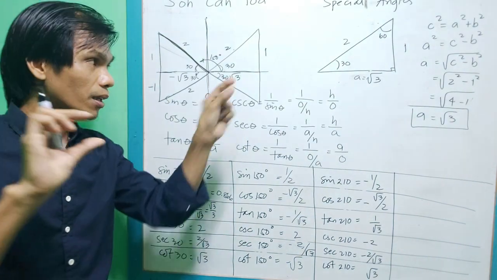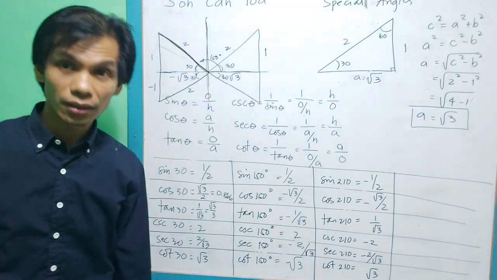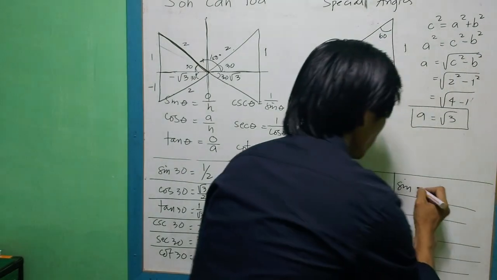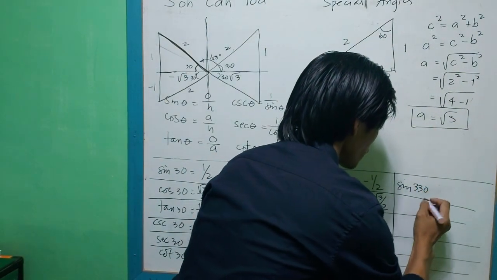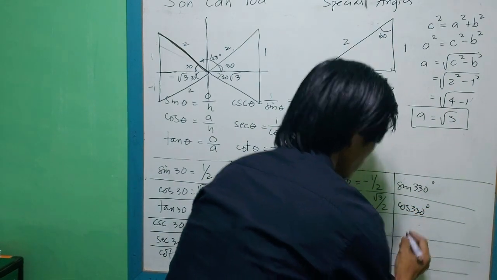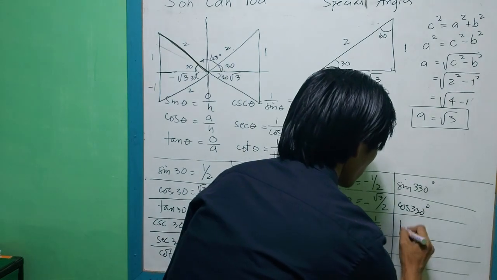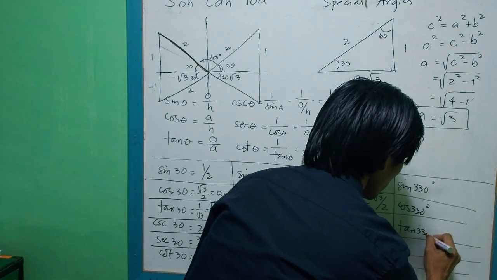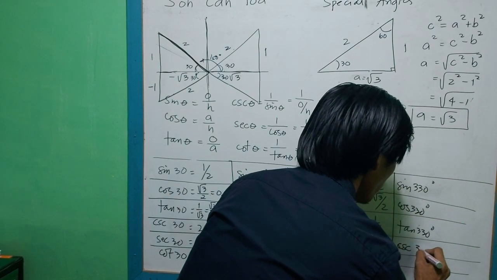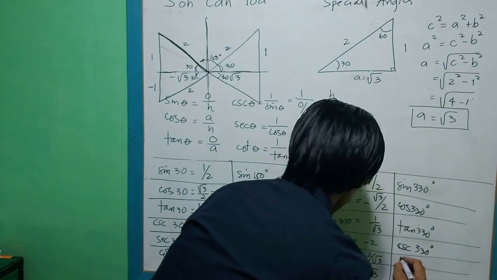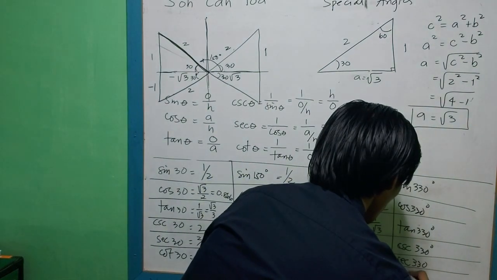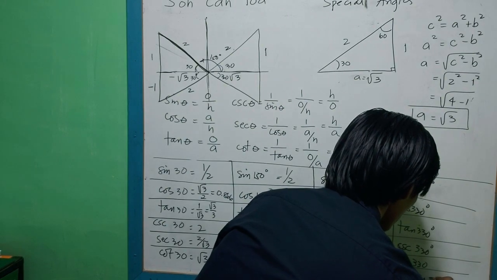Mag-minus ka dun ng 30 para dito. 330. Now, eto na. So, sine of 330 degrees, cosine of 330 degrees, ano pa? Tangent of 330 degrees, cosecant of 330 degrees, secant of 330 degrees, cotangent of 330 degrees.